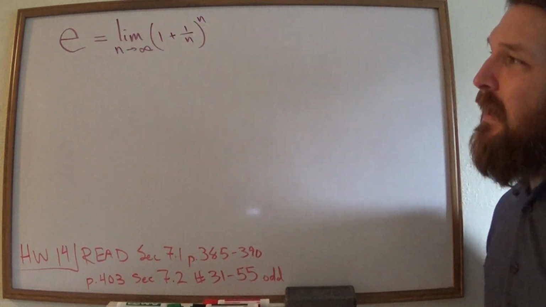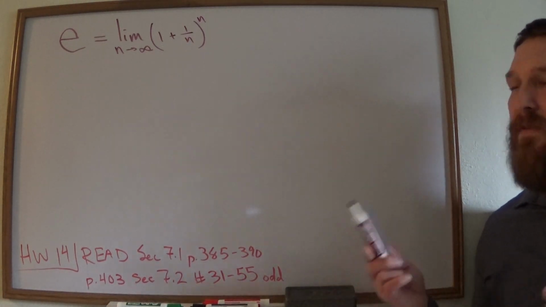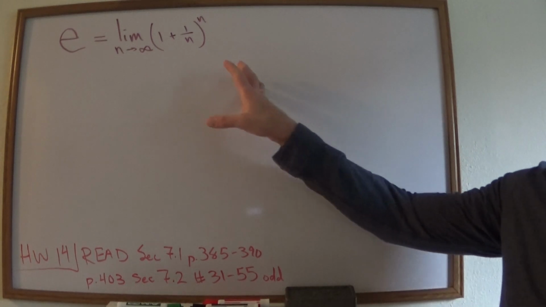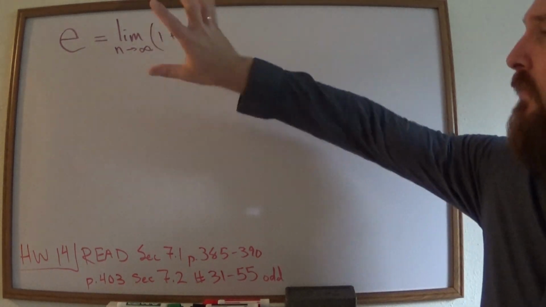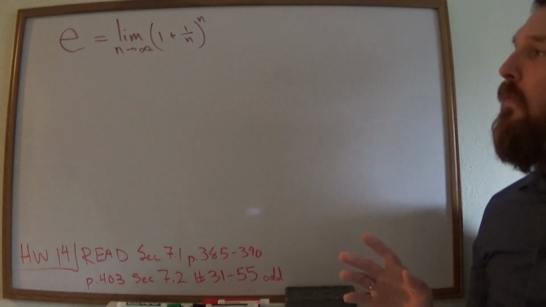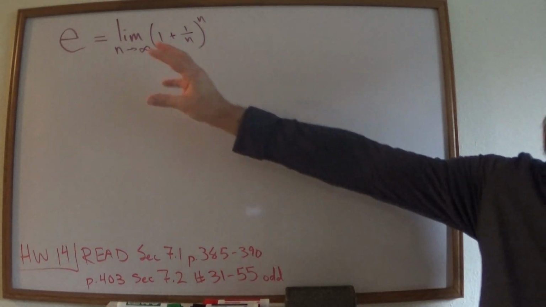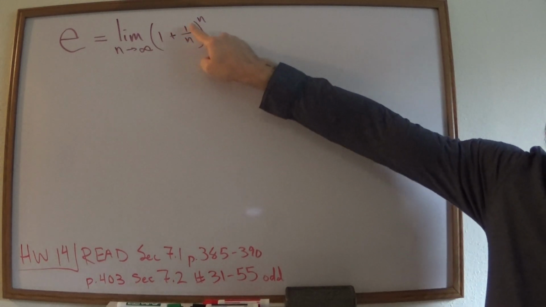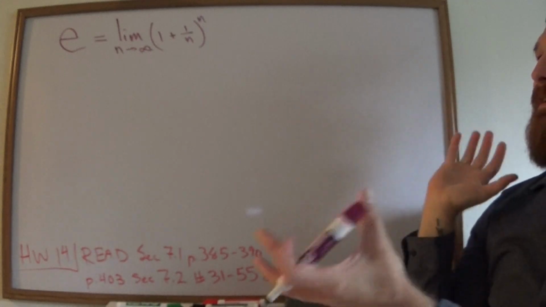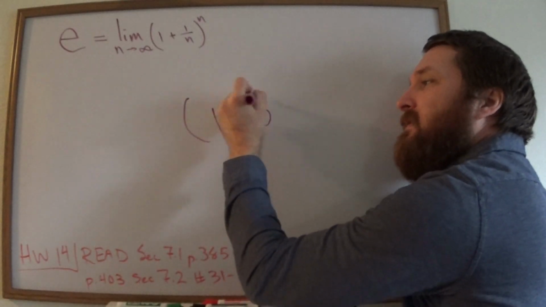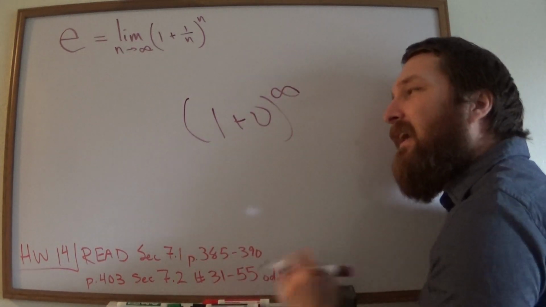That is how in Algebra 2 and over the summer we defined E. And we proved that this exists over the summer. And the idea is as you make n really, really large, yes, this gets really small, but this also gets really large and it has this nifty effect. It doesn't just work out to be 1 plus 0 raised to the infinity, right?